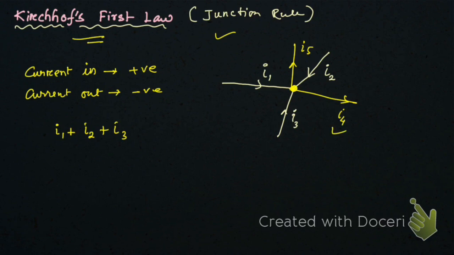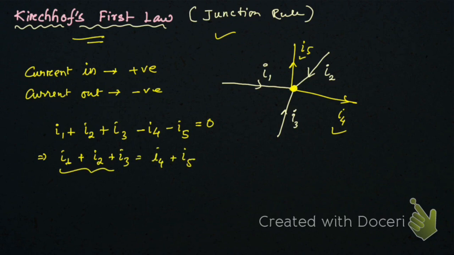Those are I4 and I5, right? So minus I4 minus I5, the total current should be 0 at the junction. Algebraic sum must be 0. So from here we can write I1 plus I2 plus I3 is equal to I4 plus I5, right? So this is current in and it is current going out, right?